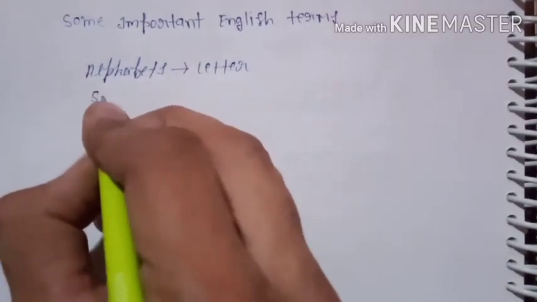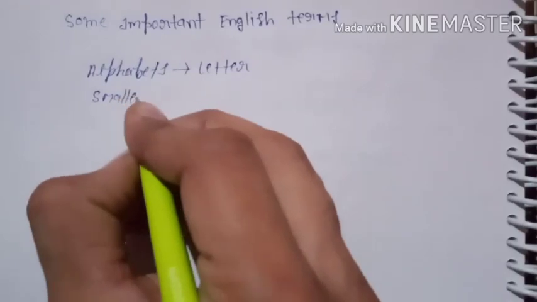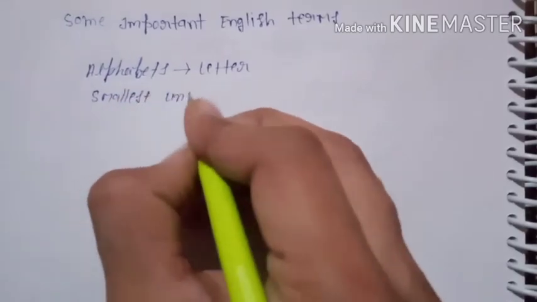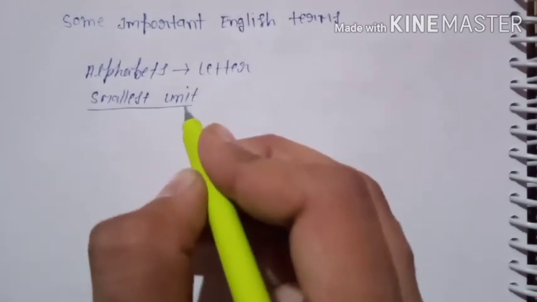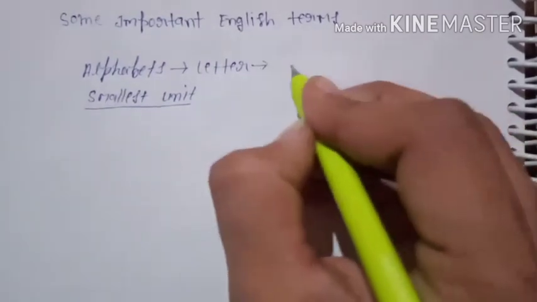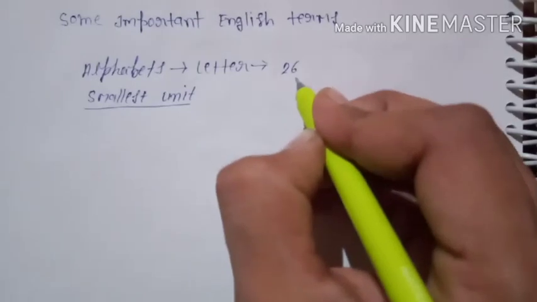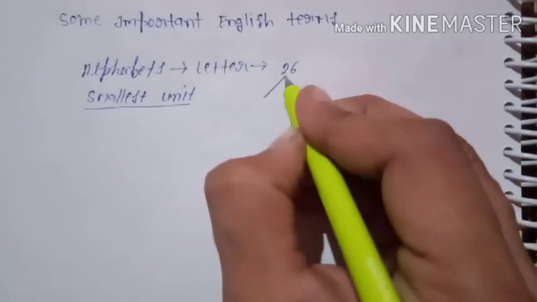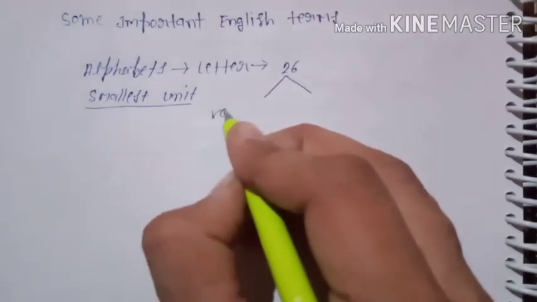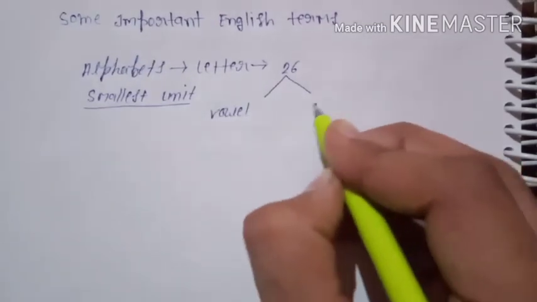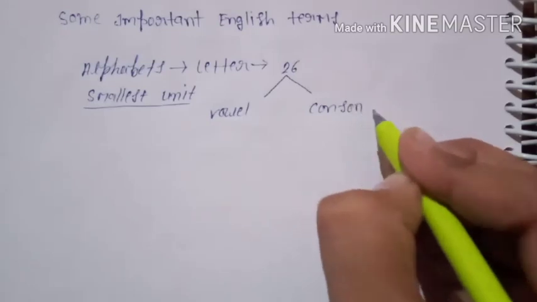जो कि स्मॉलेस्ट यूनिट ऑफ लैंग्वेज इंग्लिश हैं। Letters are 26 in number and they are divided into two parts. First is vowel, second is consonant.